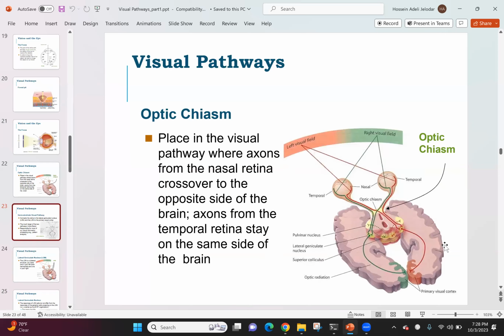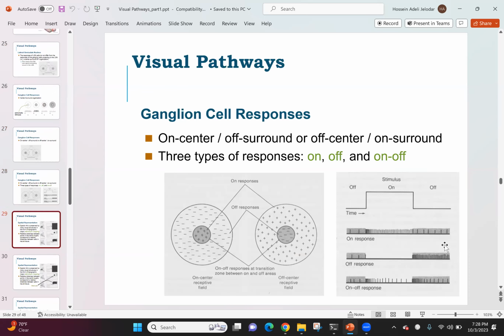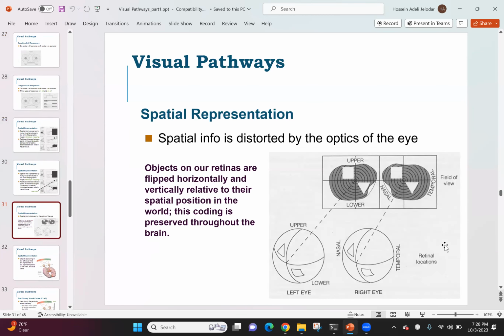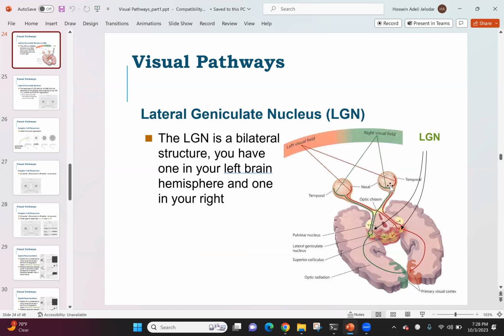So when the light hits the eye, it becomes neural activity in the eye.